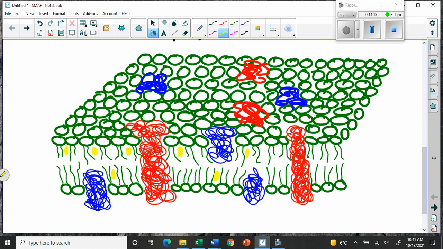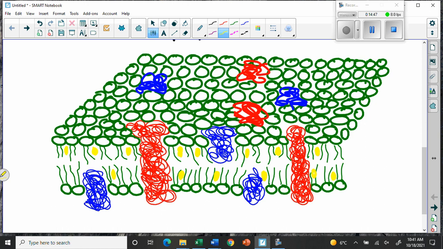And these blobs are in some membranes, not all membranes. These blobs are a special kind of molecule called cholesterol, which is a kind of lipidy fat molecule. And what it does is it makes the membrane all kind of gooey and liquidy. It helps the membrane sort of stay very gooey.